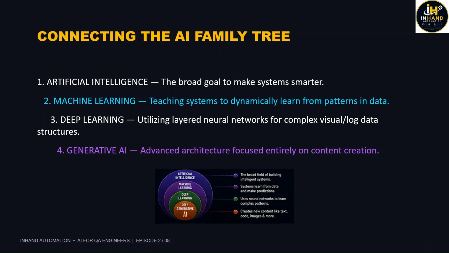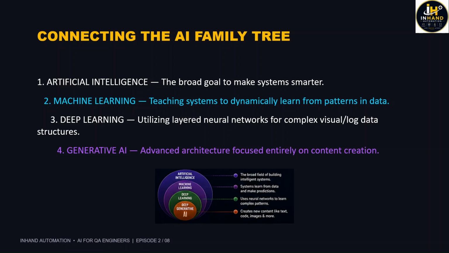So let's make this extremely easy to remember. Imagine Rahul's complete QA environment. Artificial intelligence: Rahul wants to make the testing process smarter. Where machine learning comes in: Rahul asks, based on the previous executions, which test case has the highest risk of failure.